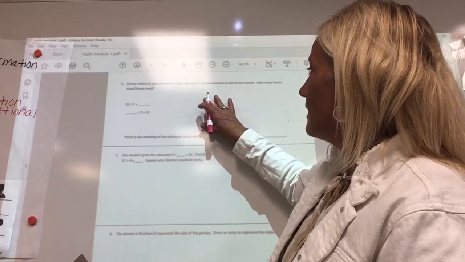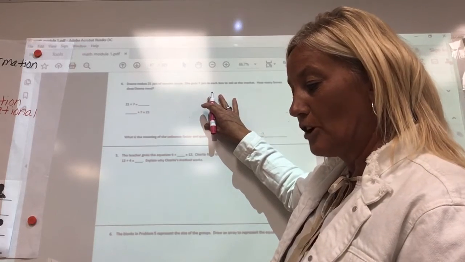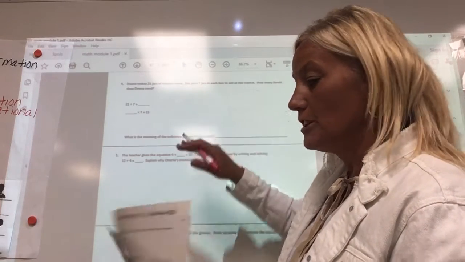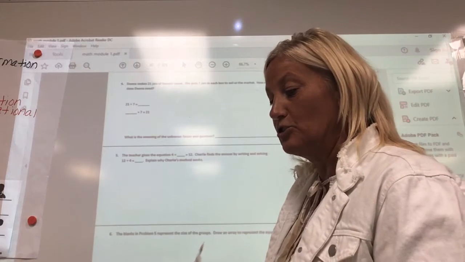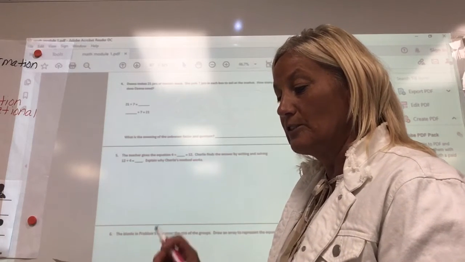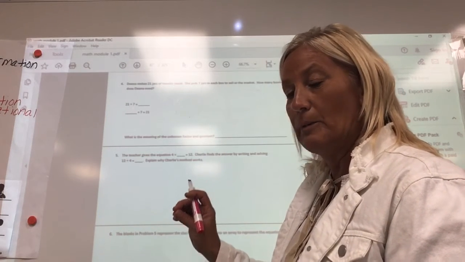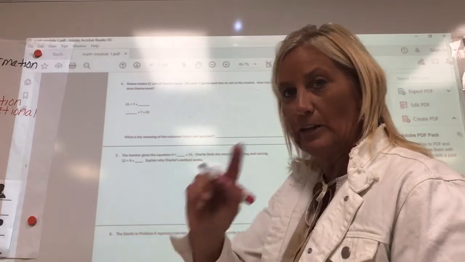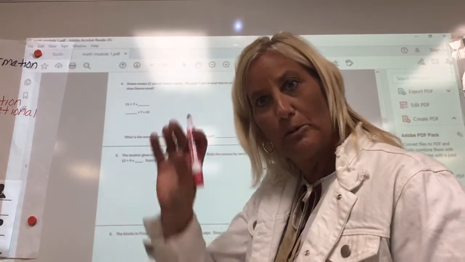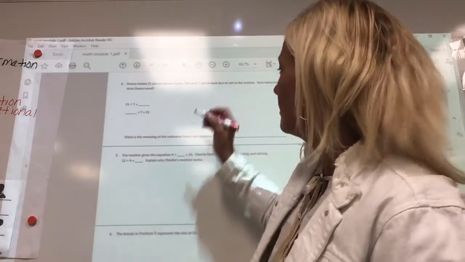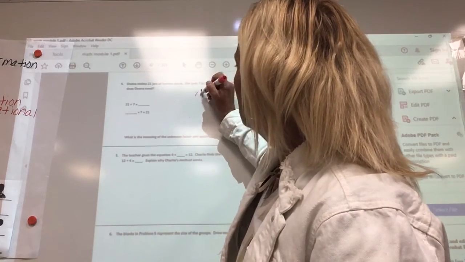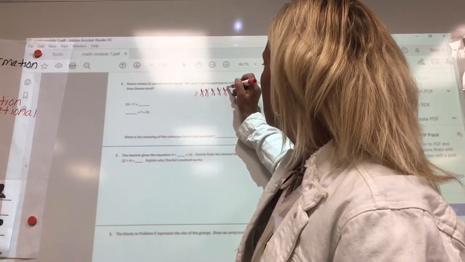So, when I say this, she has 21 jars, and she put 7 jars in each box. How many boxes does she need? And remember, I only have 21 altogether, and I'm going to put them in groups of 7. So, 1, 2, 3, 4, 5, 6, 7.